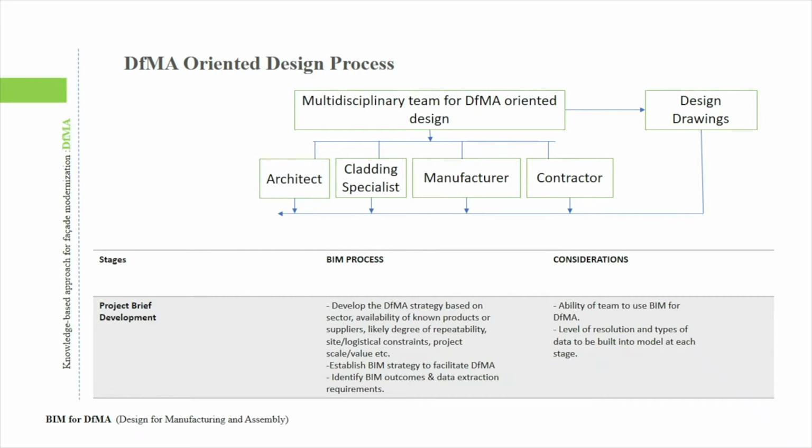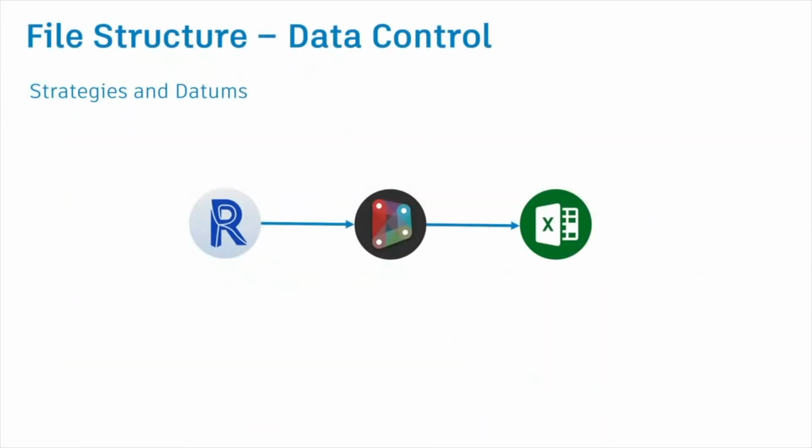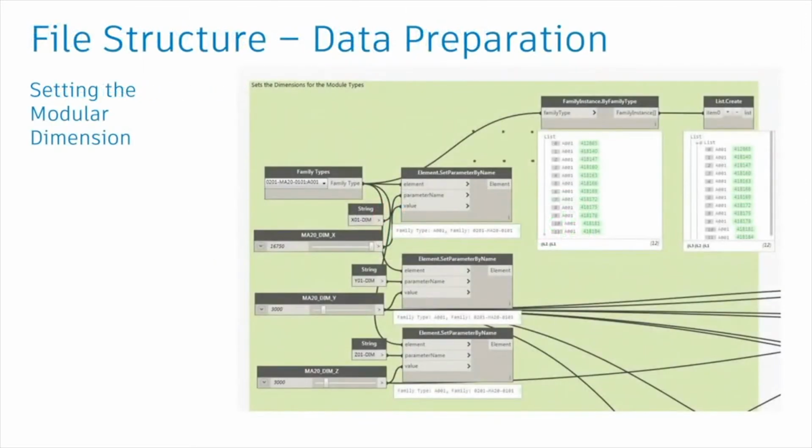In the conceptual phase, project files are divided due to different considerations, for example, size of data for architectural projects, and all files are linked but exported to IFC for file delivery using different kinds of software, in this case Revit, Dynamo, Excel.